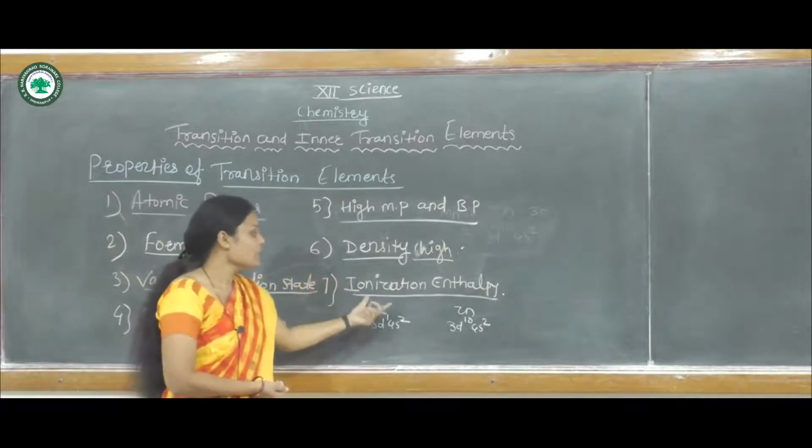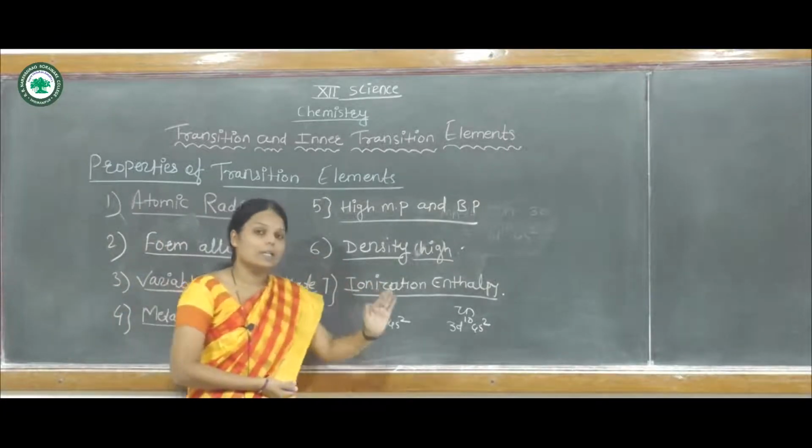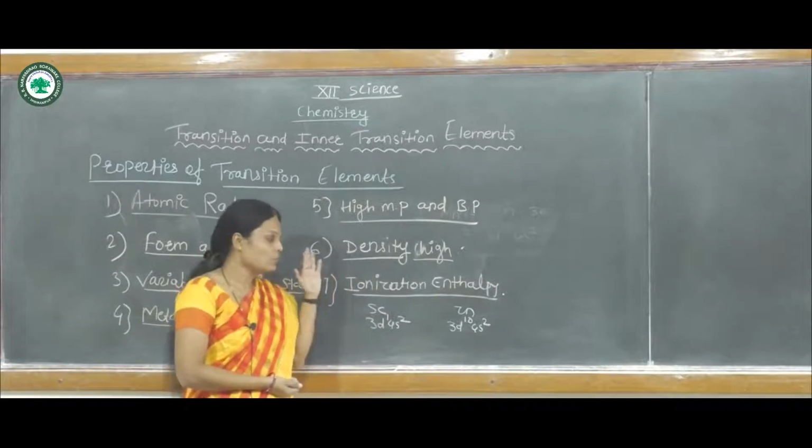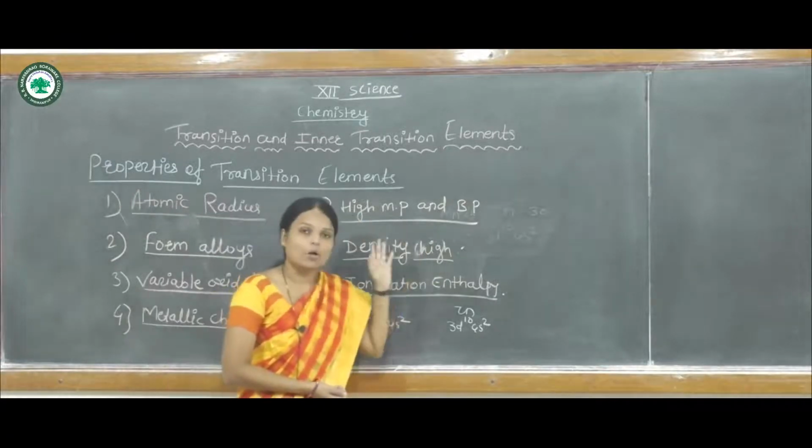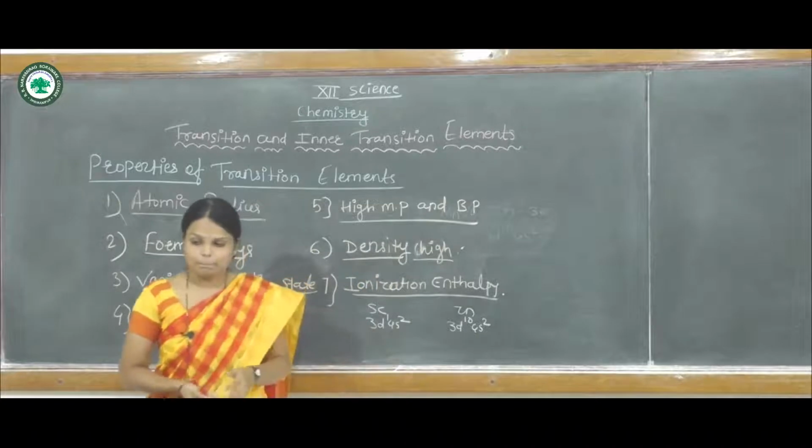That's why ionization enthalpy gradually decreases as we move left to right on the modern periodic table.